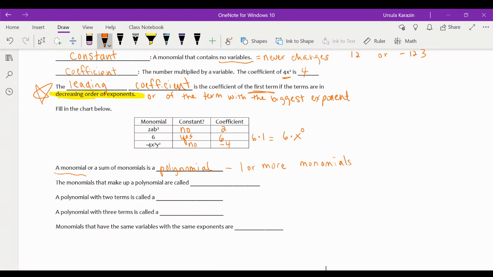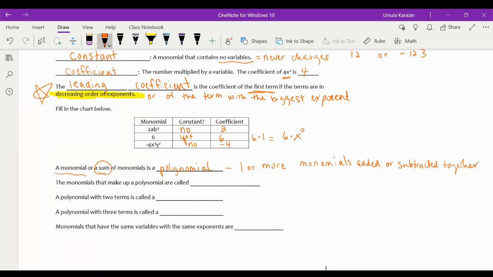Okay, could be just one. And notice it says sum. So these are going to be added together. But remember that subtraction really is just adding the opposite. So it means added or subtracted. So it's one or more monomials added or subtracted together.